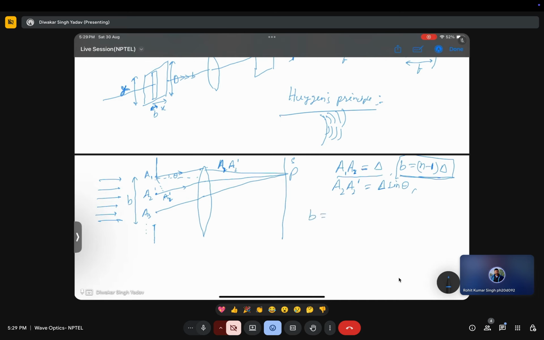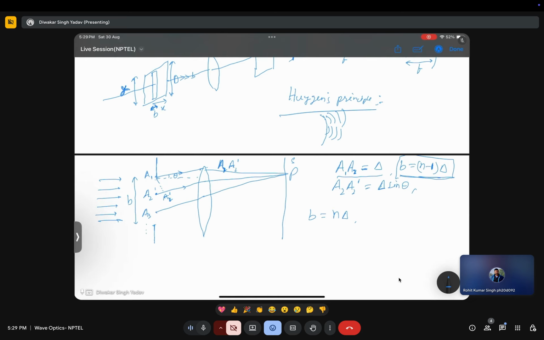So b should be equal to n delta if you are making n divisions. Yes, sir. But why is it n minus 1 delta? That's what I'm asking. If the divisions are n, b should be equal to n delta.